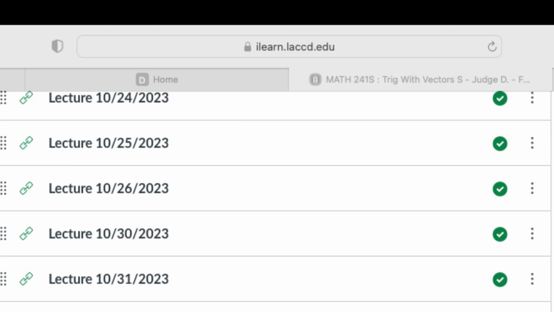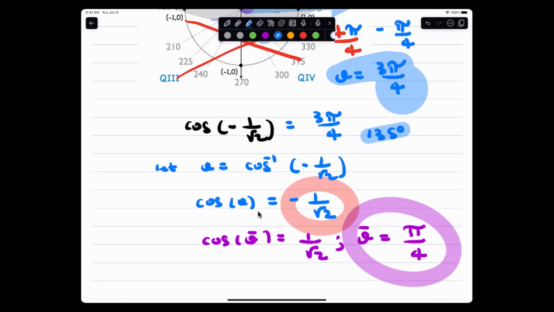So what if you said, can I do this in my calculator? Let me go back, because our calculator is not even awake yet. Let's do that in our calculator just to verify.